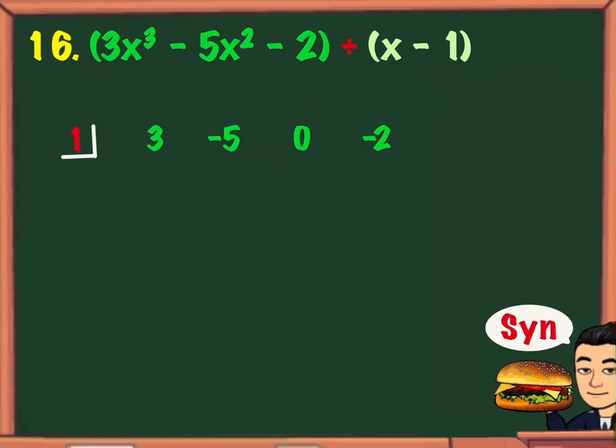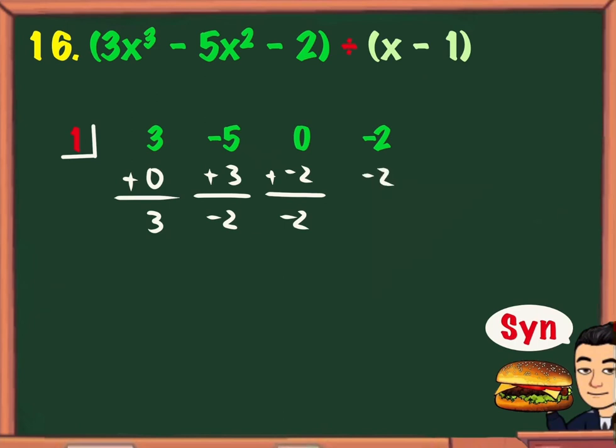Let's go ahead and start with the synthetic division. We'll start with the 0. So 3 plus 0 is 3. 1 times 3 is positive 3. Add it, that gives you negative 2. 1 times negative 2 gives you negative 2. Add it, you're going to get negative 2 again. 1 times negative 2, you get negative 2.